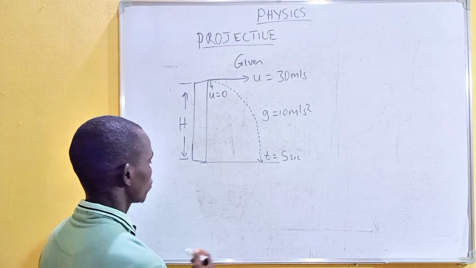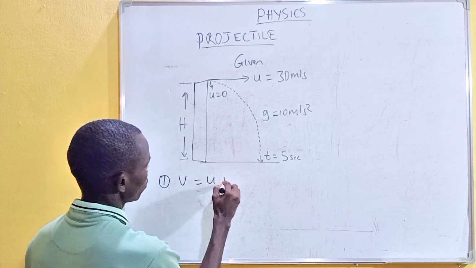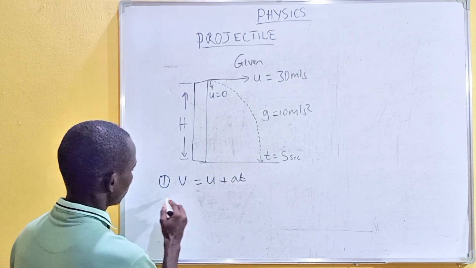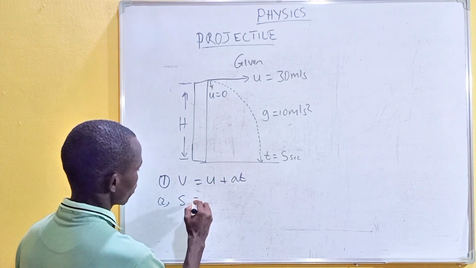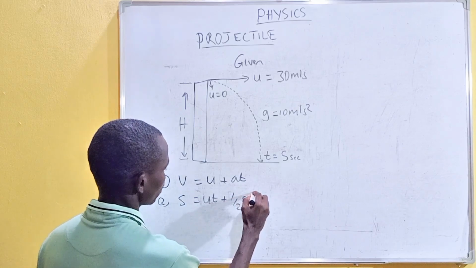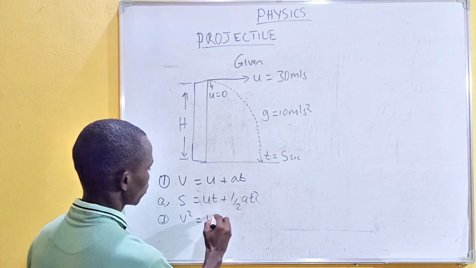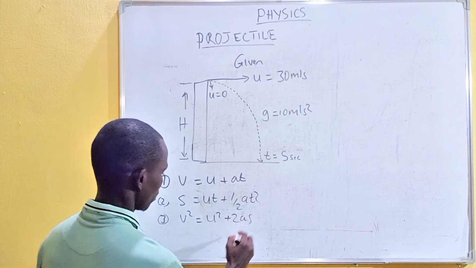And from our equations of motion, we have v is equal to u plus at. We also have s is equal to ut plus 1 over 2 at squared, and v squared is equal to u squared plus 2as.